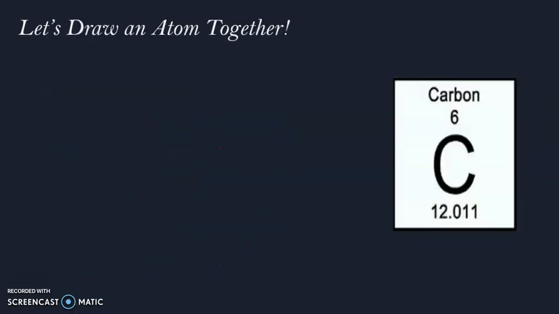Well, let's take a look. What does this look like when I put these pieces of information together? Let's start here. This is my atomic number, as you might remember from our last episode. My atomic number tells me my number of protons. My mass number, or atomic mass, down here tells me the number of protons plus neutrons.